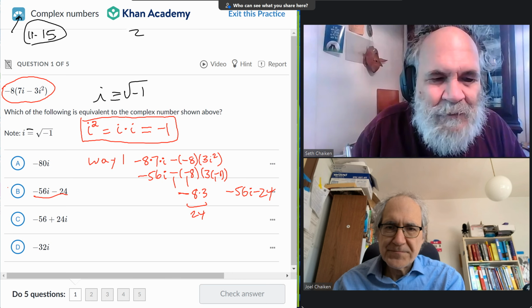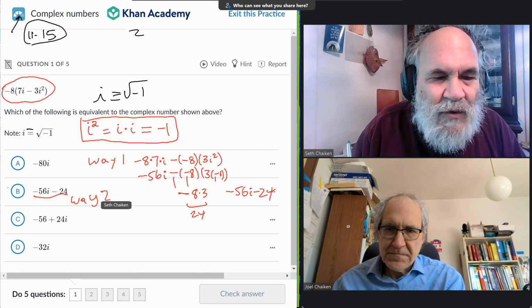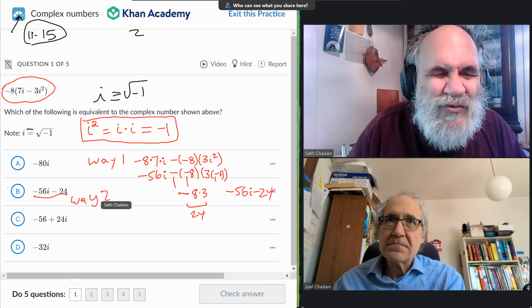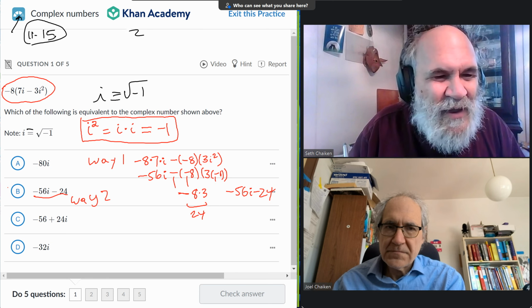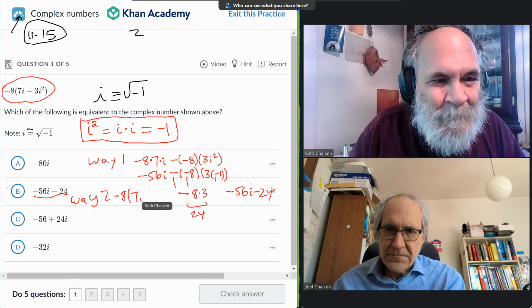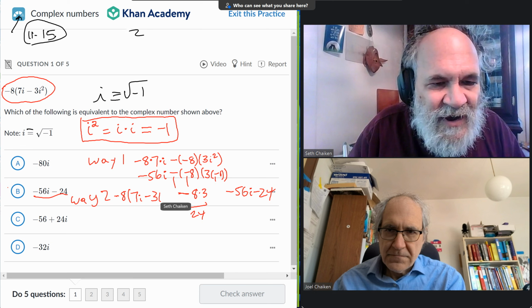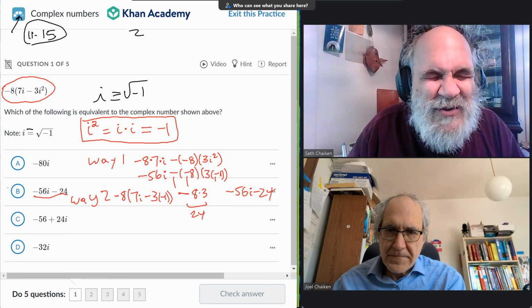Way 2. We apply the rule that i squared simplifies to -1 at the beginning. So we simplify the given expression to minus 8 times 7i minus 3 times minus 1. Here there are two alternatives.